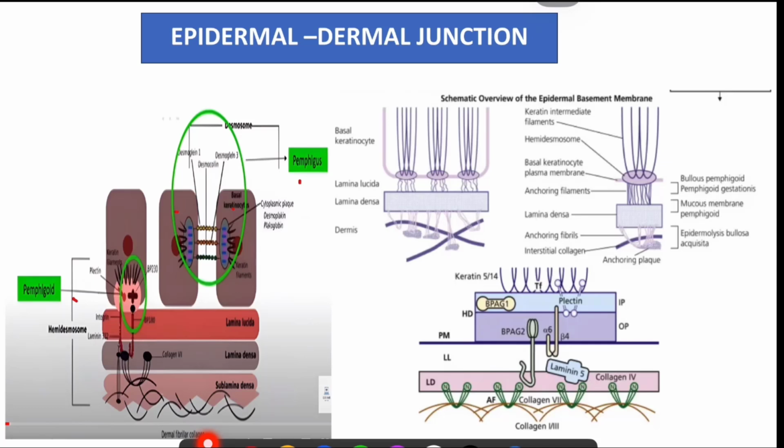And this is a keratinocyte. This is the basal lamina. Now the basal lamina is again divided into three parts. This is the basal keratinocyte, this is the lamina lucida, this is the lamina densa, and this is the sublaminar dermis, which you can identify as having some collagen and anchoring fibrils.